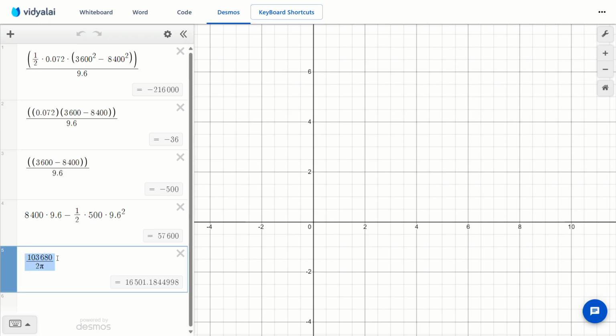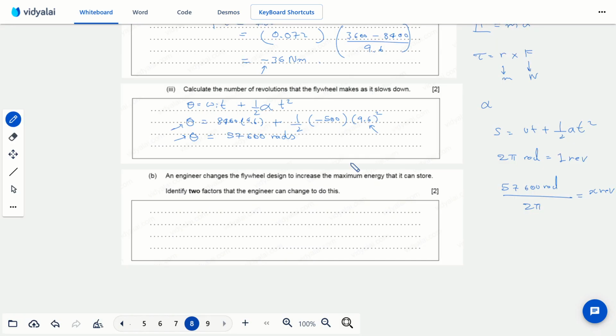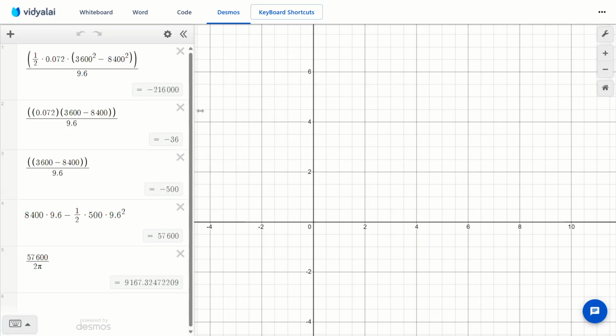Instead of this value, I'm going to substitute the actual value, and that comes out to be 9,167.32. So it's equivalent to 9,167.32 revs. Okay, so that's our answer for the third part in question A.